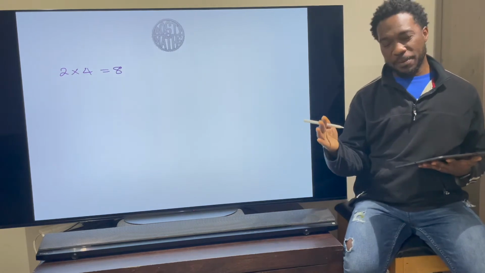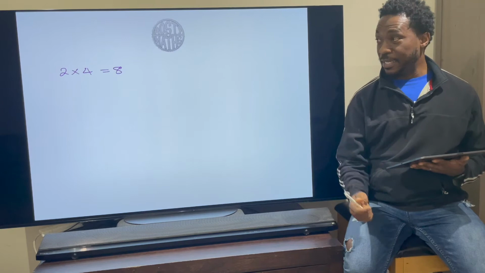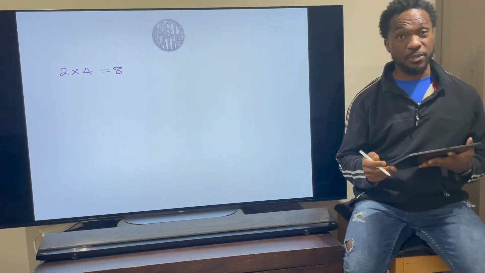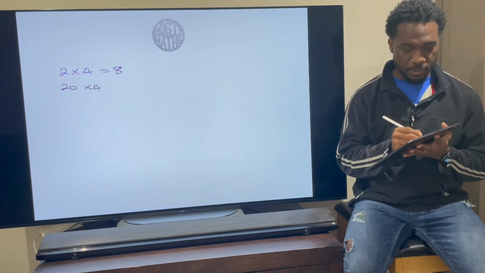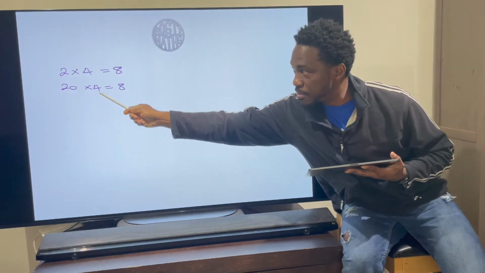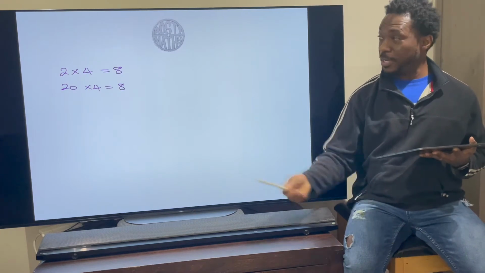Now, just by knowing that 2 times 4 is equal to 8, there is a zillion other things that I know. Let me tell you what those are. I know that 20 times 4 has got to be 80. Notice that I've still got the 2, the 4, and the 8. They're still there. Well, what do you know?